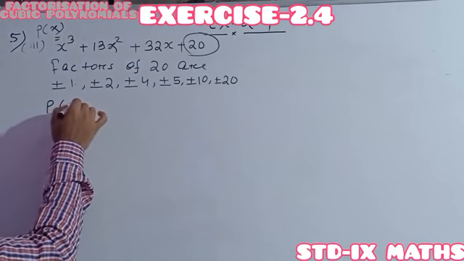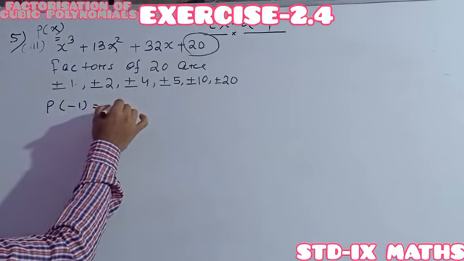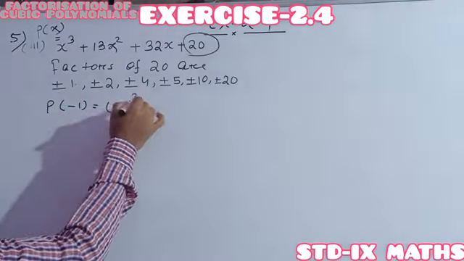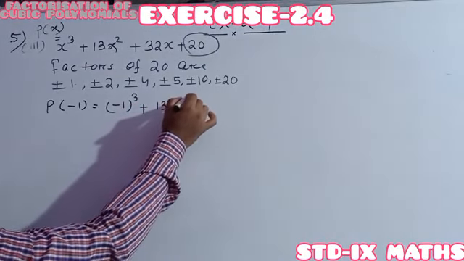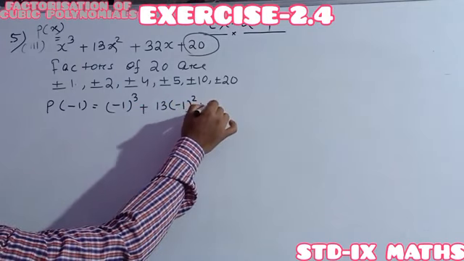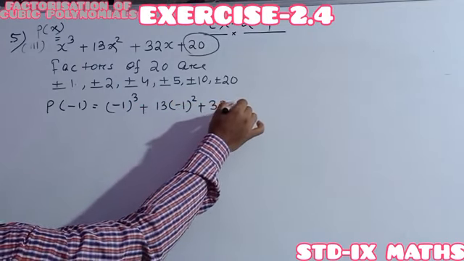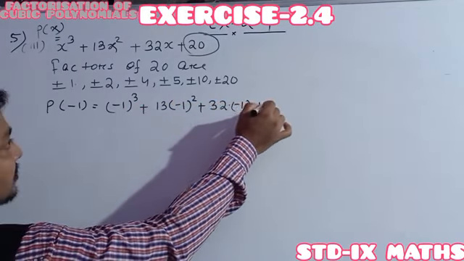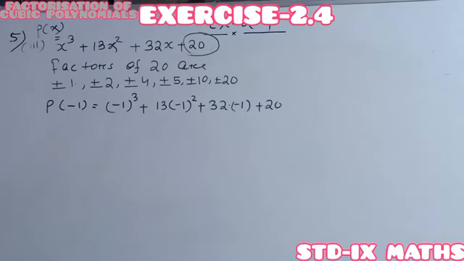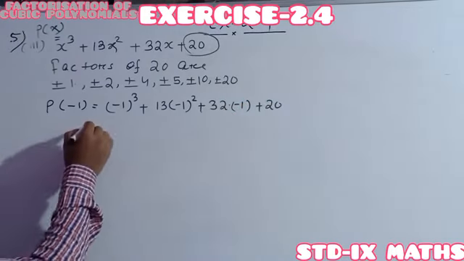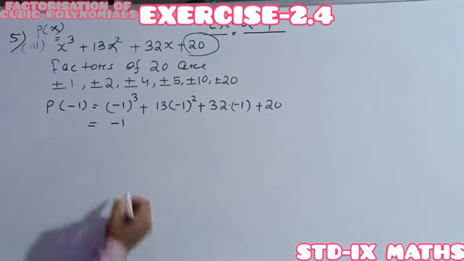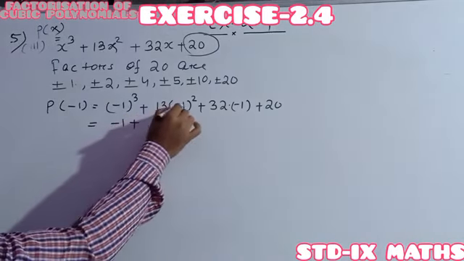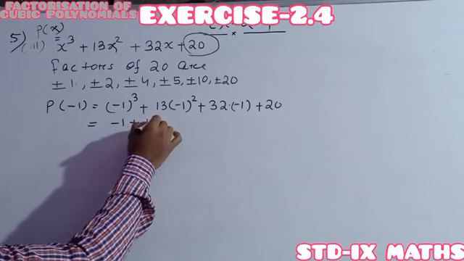P of minus 1 becomes minus 1 cubed plus 13 into minus 1 squared plus 32 into minus 1 plus 20. Then minus 1 cubed means minus 1. Here it is 13, since 1 squared is 1.